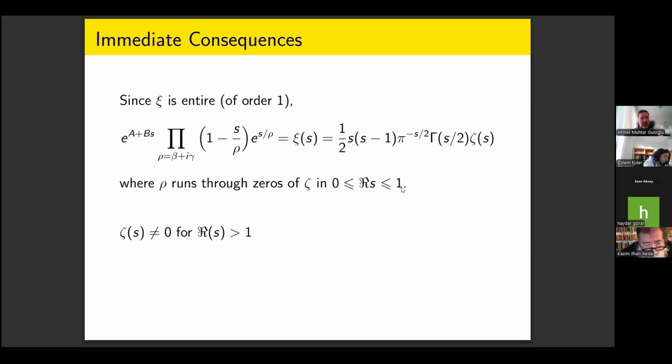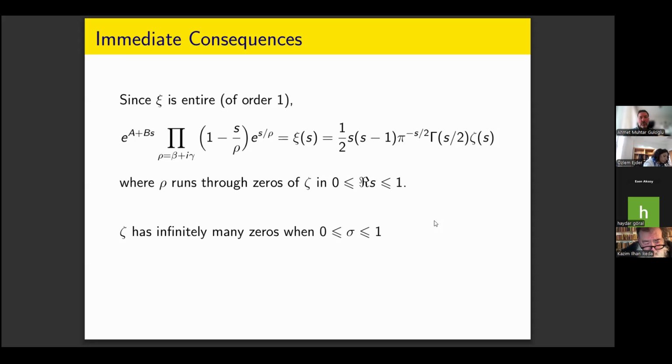Another consequence is, as I told you, zeta is not zero for real part greater than one, and it is zero for real part less than zero only if gamma has a pole, and we know where they are. And also zeta has infinitely many zeros in this region. Sigma refers to the real part of s.